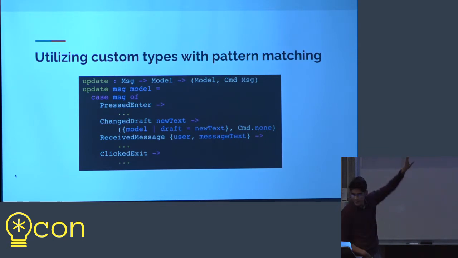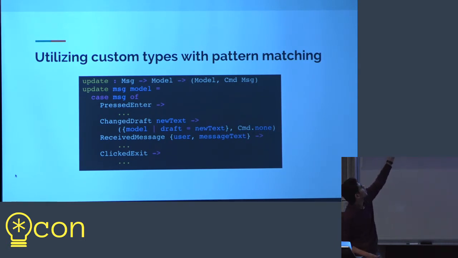So just for the syntax, by the way, no parentheses, you have the update. The update's type signature is that it takes in a message, it takes in a model, and it returns a new model and some command that you may want to perform, such as playing a sound or something. Regardless, update takes in the message and the old model, and then we will pattern match on the message type.